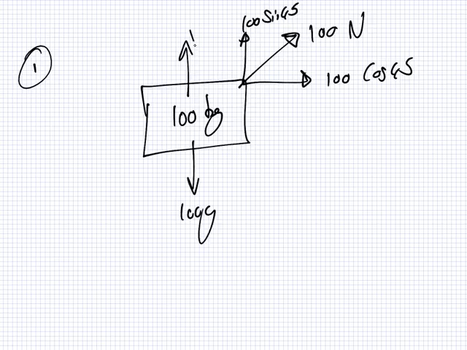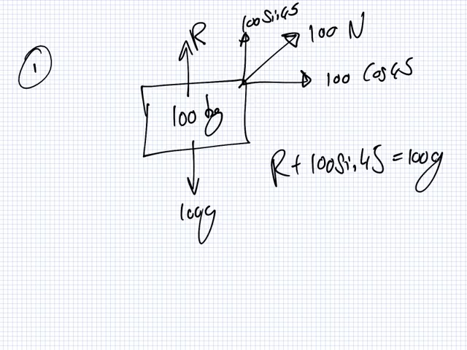OR plus 100 sine 45 equals 100g. So easy peasy, OR is 910. 910, yeah, okay.